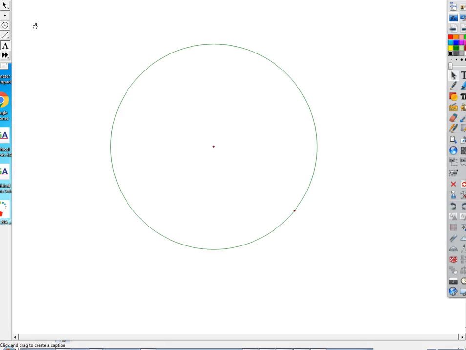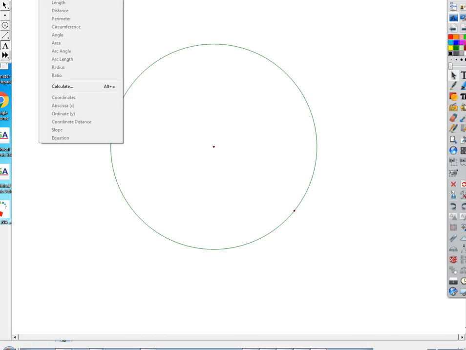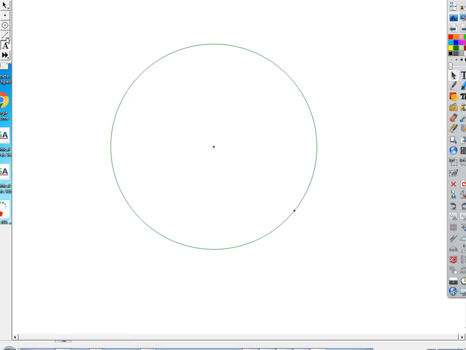Let's try this. Why not just draw another circle off that point, and then the center point of the other circle, you put a line through the two, and that would put a line right through the top of that circle.